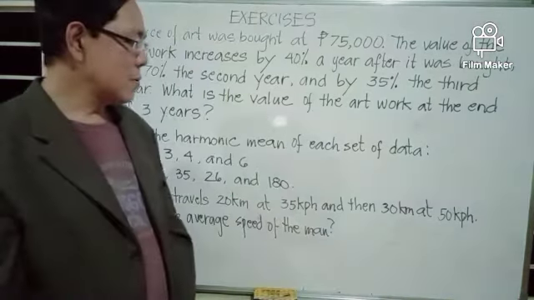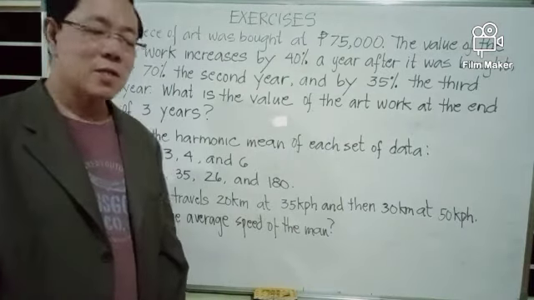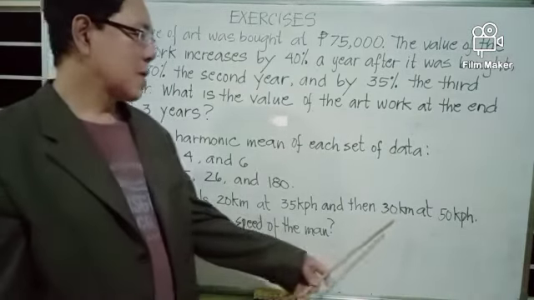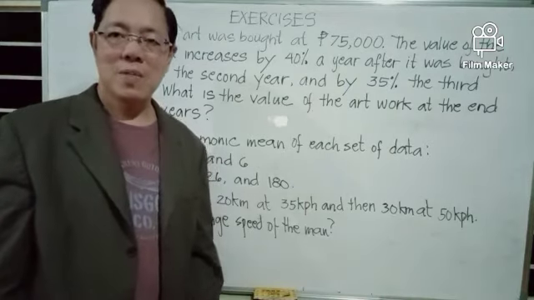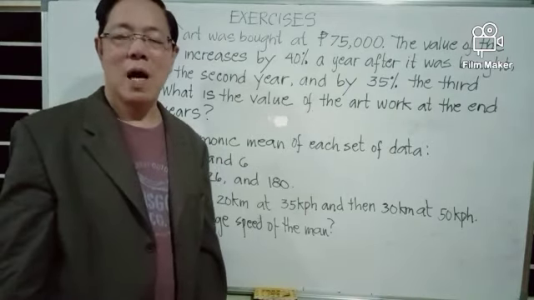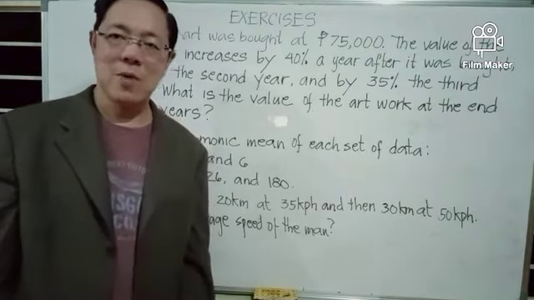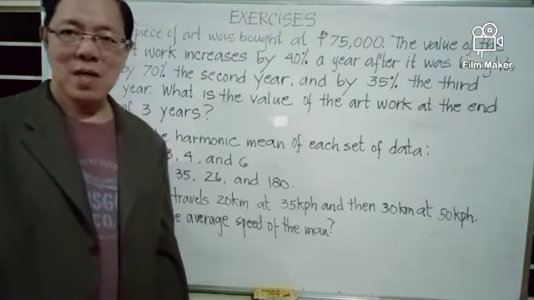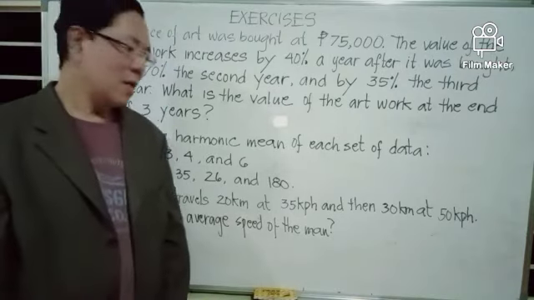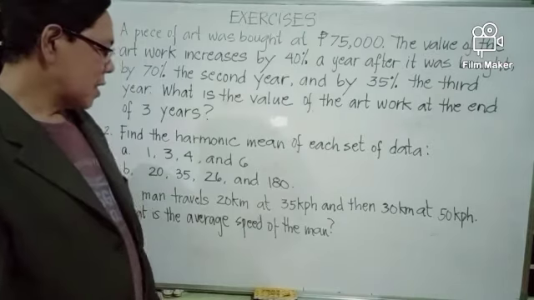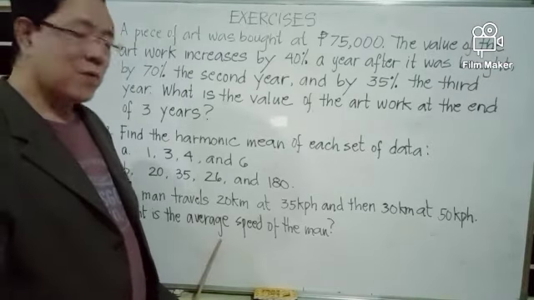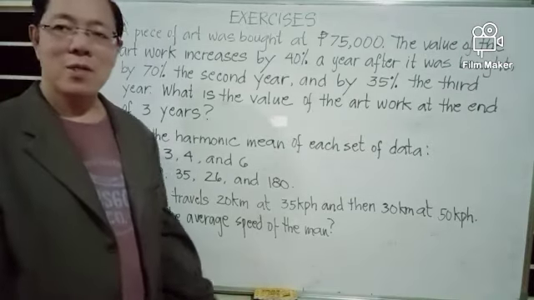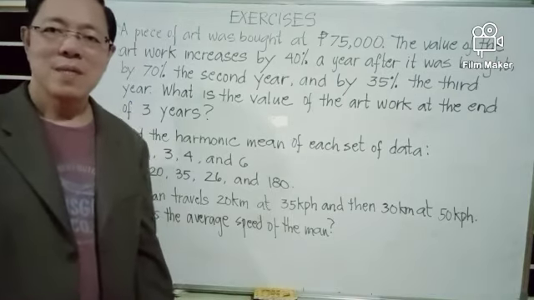And then you get the total distance traveled, and you get the total time elapsed, and then you compute for the average speed using the distance formula, and see if you will get the same result you will get for computing the average speed of the man using harmonic mean.